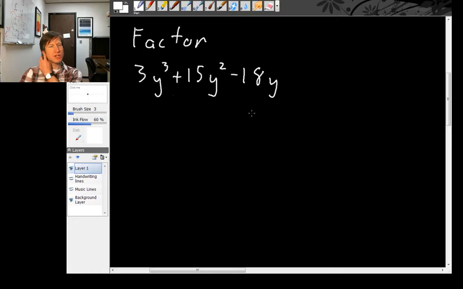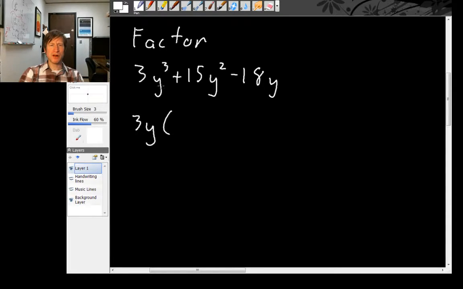With these three terms here, each coefficient is divisible by 3, so we'll be able to factor out a 3. Also, each coefficient has a factor of y, so we can factor out a y as well. So we're going to factor out 3y, and then let's see what's left over once we factor out the 3y.